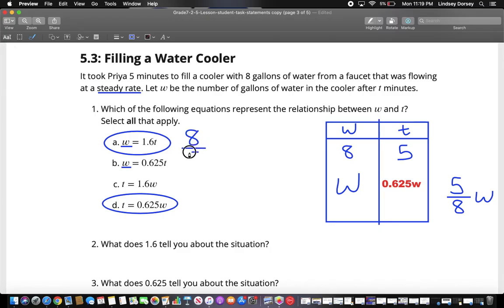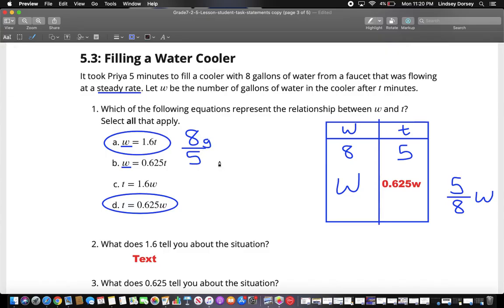which is equal to 1.6. Okay, so it says, what does 1.6 tell you about the situation? So we know it's a constant of proportionality, but what does the constant of proportionality of 1.6 mean for this situation? Okay, so we know that the 8 was our amount of gallons.